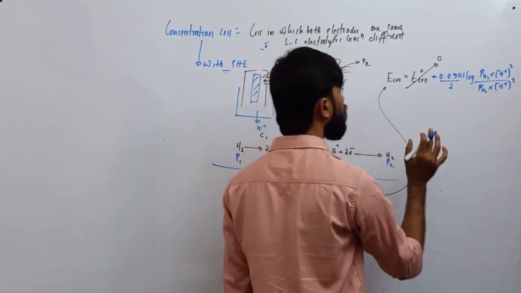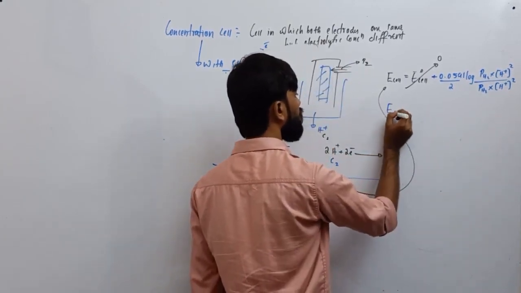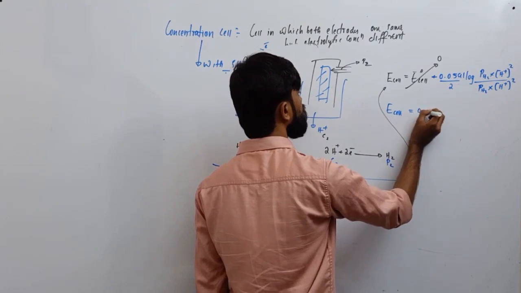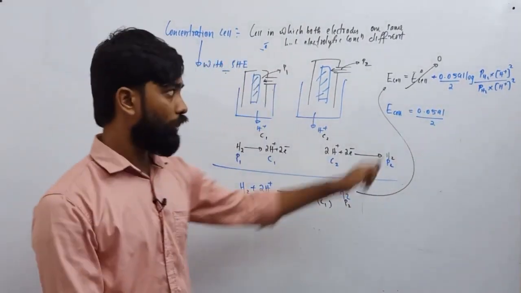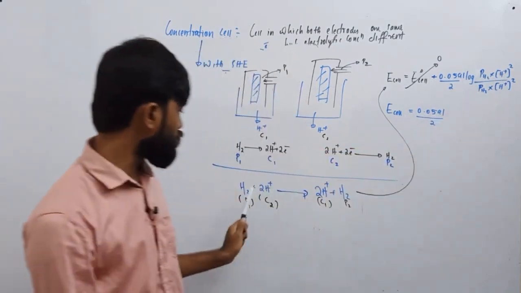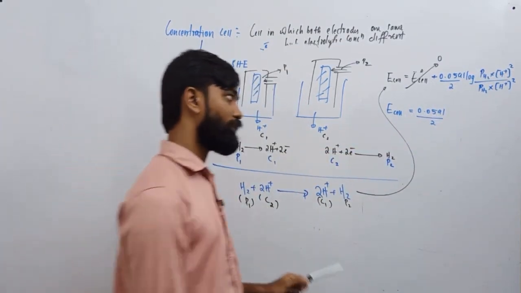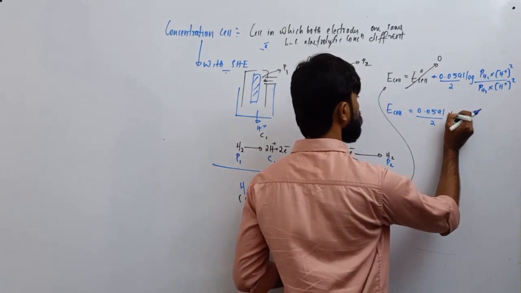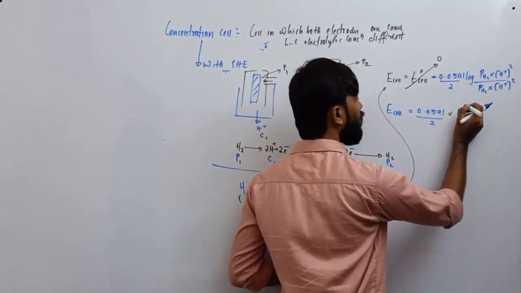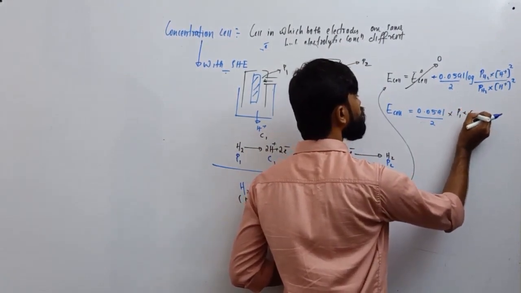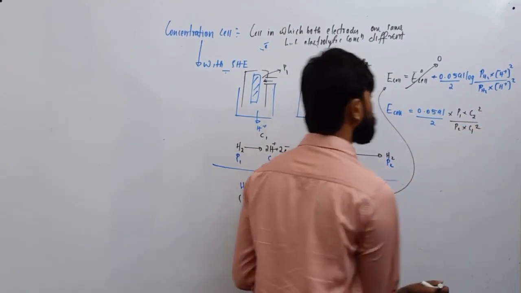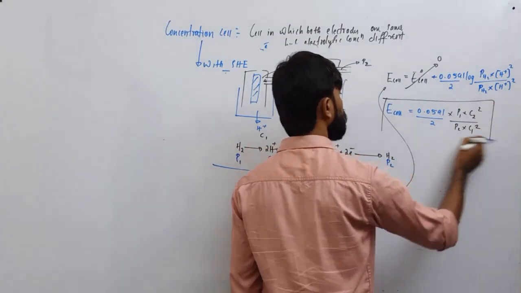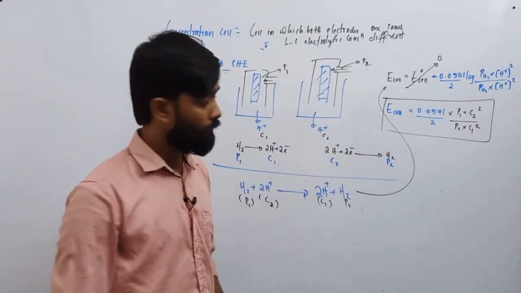By careful looking, E cell is equal to 0.0591 by 2 log of the reactant, where pH2 is P1 and H+ concentration is C2, so P1 times C2 squared divided by P2 times C1 squared. This is the expression.